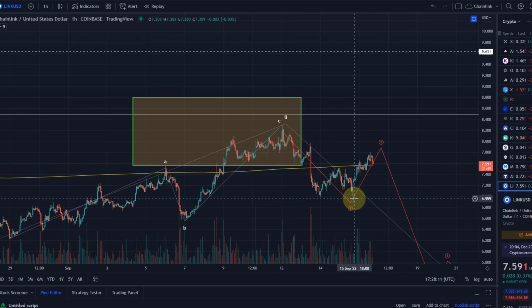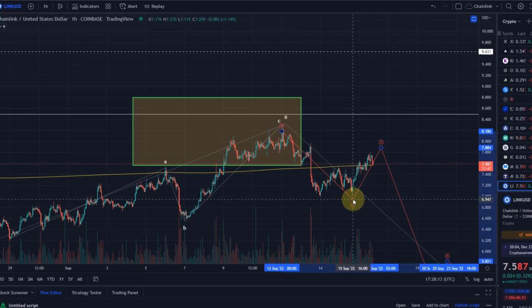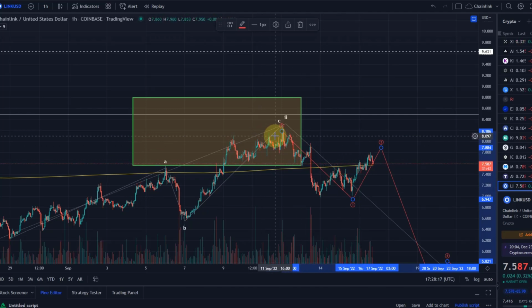Truncated means that that wave 5, where the wave 1 finished, could not make a lower low. Even though one of the most bearish charts at the moment, Chainlink failed to make a lower low. So there are these two possibilities.